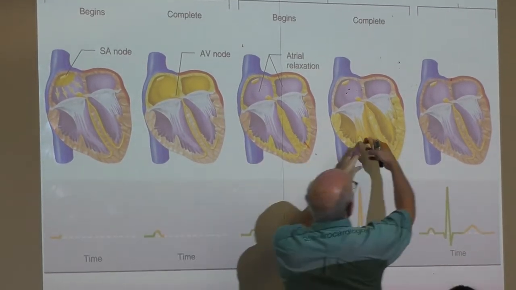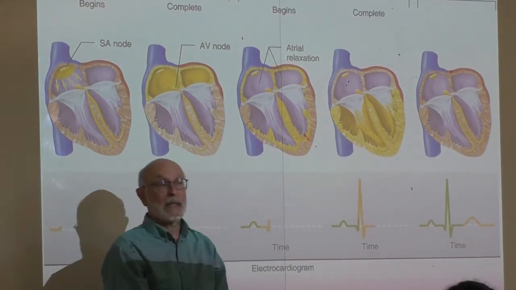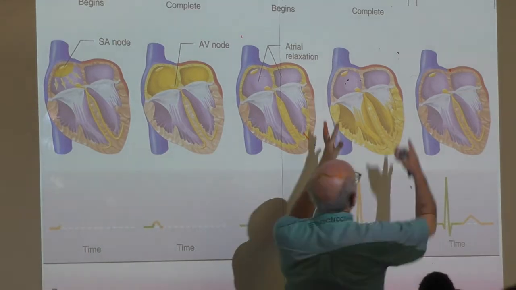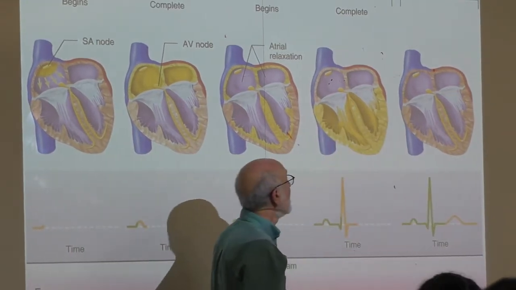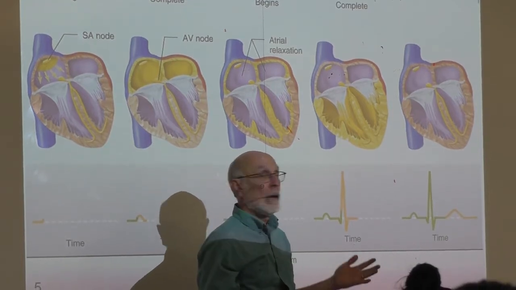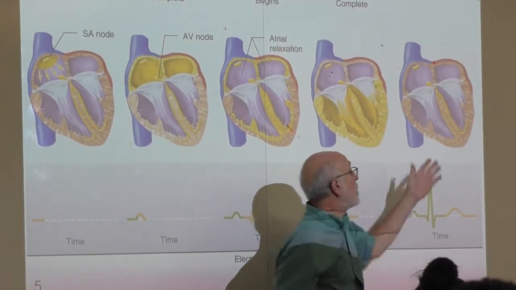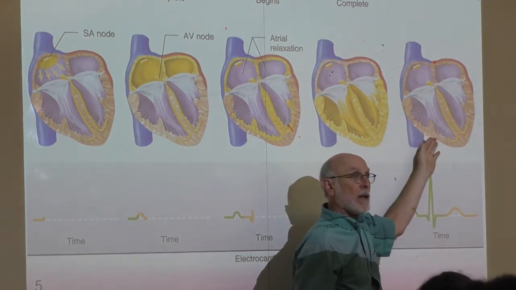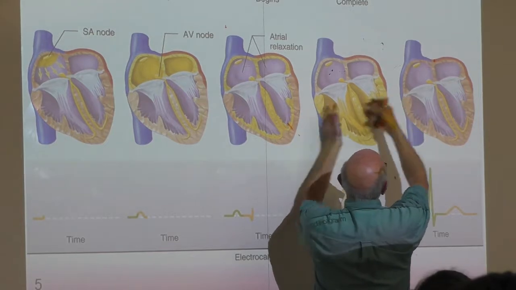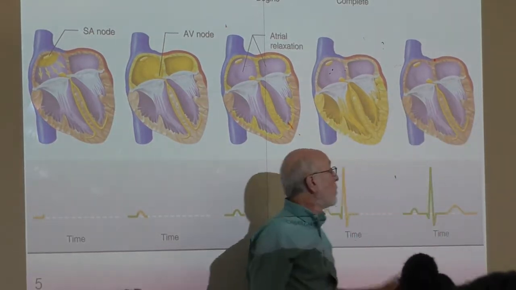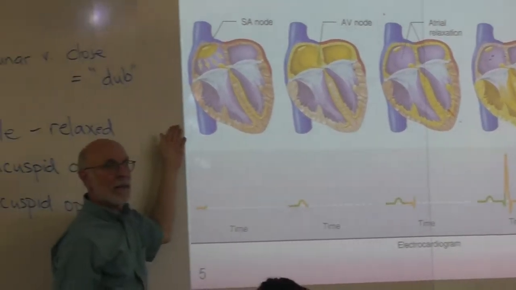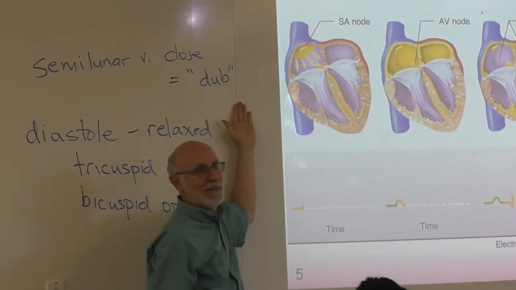Spreading throughout the ventricles, very fast because of the Purkinje fiber network. Ventricular systole. Then it's over. You've got to have another heartbeat, so you've got to relax so that you can refill. And so we go from a contracted state back to the relaxed, beginning state.